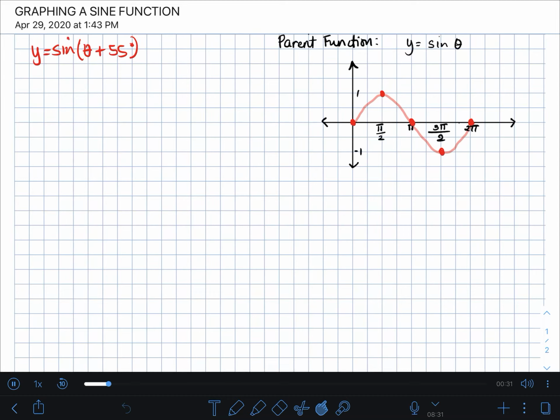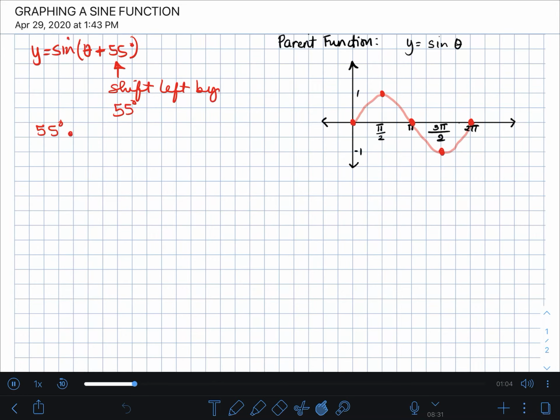Given this problem, the plus 55 degrees in the parentheses means that I'm going to shift left by 55 degrees, angle measure. Now, we have to change 55 degrees first to the radian measure.